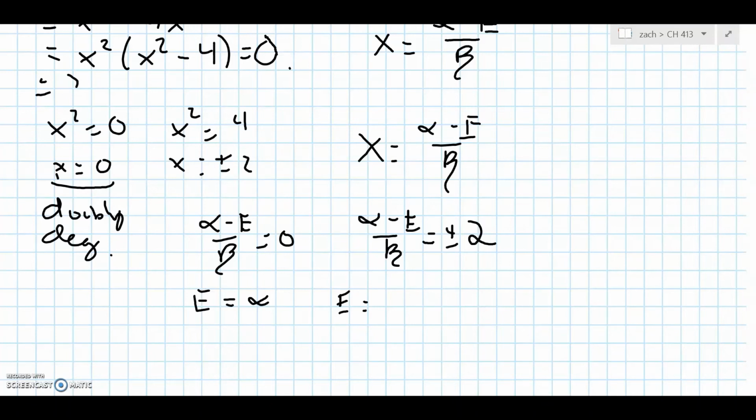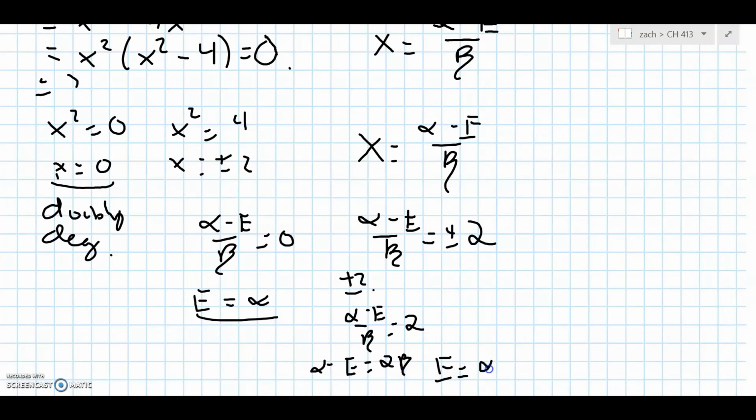So we notice that it might be easier to sort of think about these separately. So that's what we're going to do. So we're going to consider the positive case first. We get that alpha minus E divided by beta is equal to positive 2. So alpha minus E is equal to 2 beta, which gives us that this energy is equal to alpha minus 2 beta.